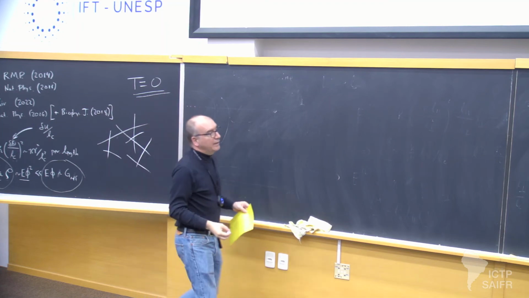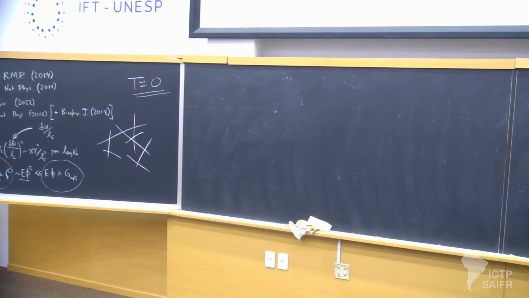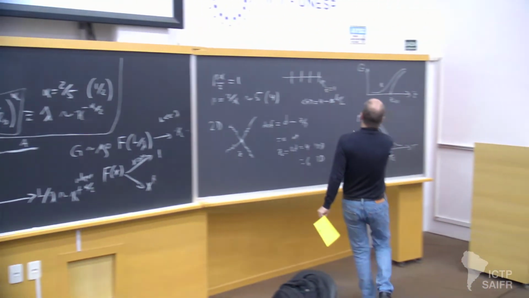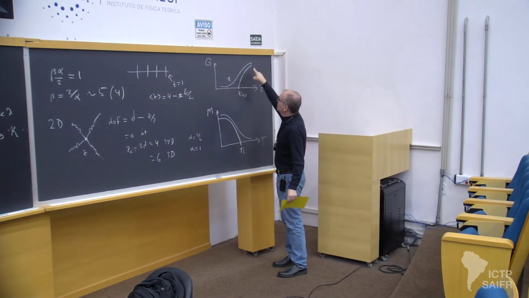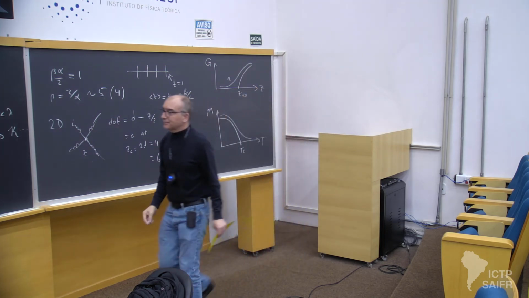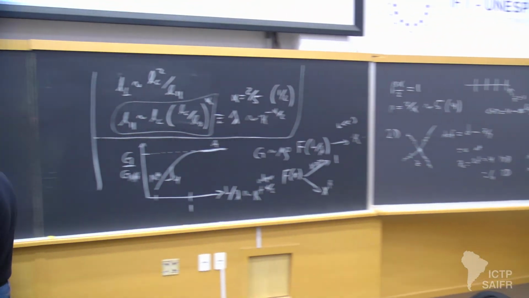So the pure Maxwell part, pure central force, has a modulus which grows above the isostatic coordination number with some power law because it's going continuously to 0. So that looks like this.